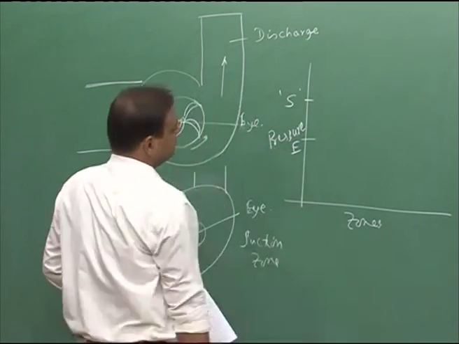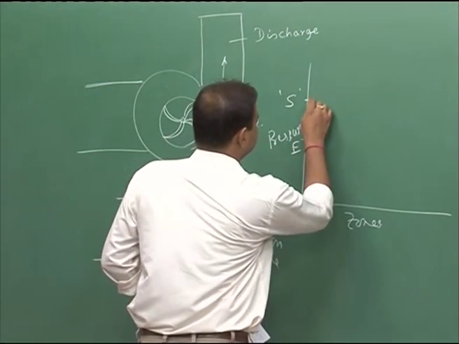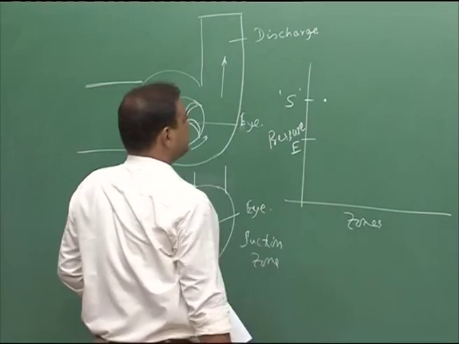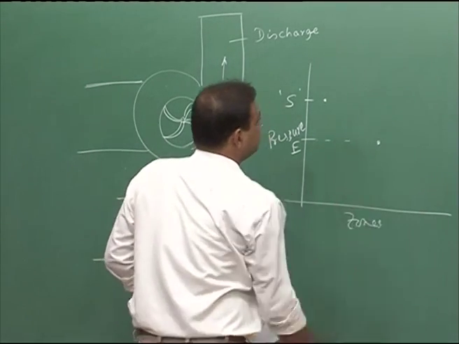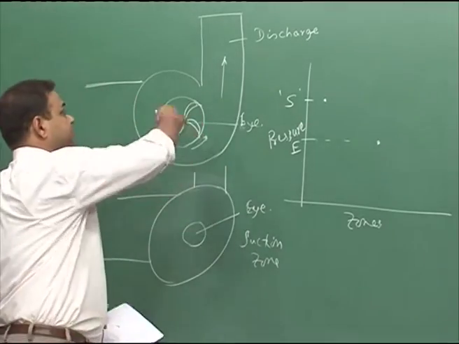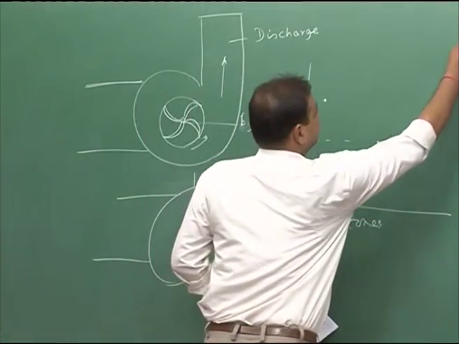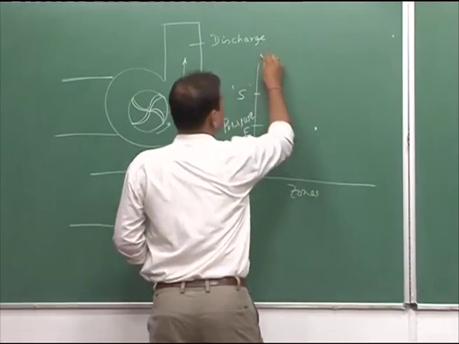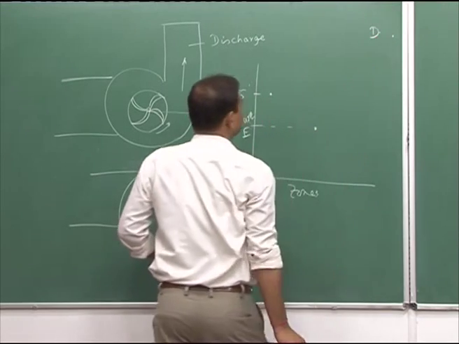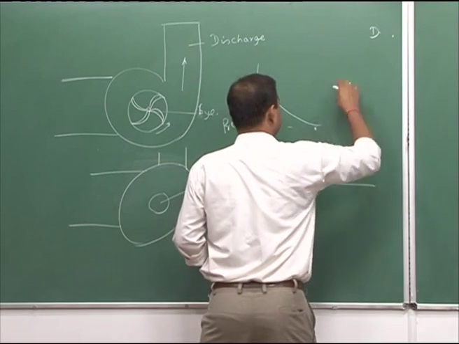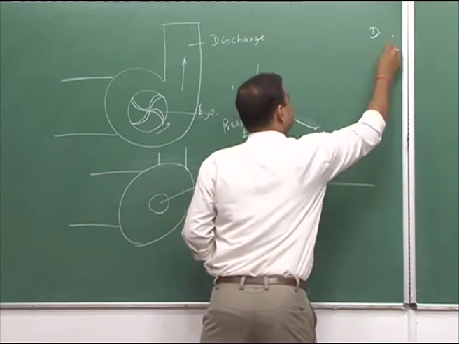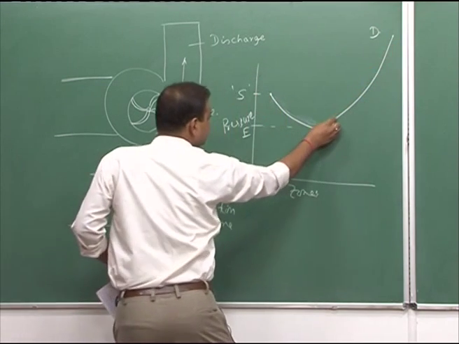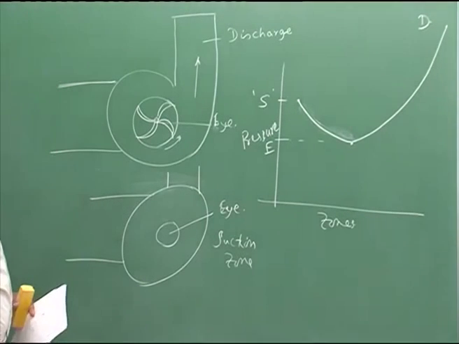Then at the discharge zone the pressure increases. So, the pressure goes to this place, this is discharge. The pressure distribution is like this.